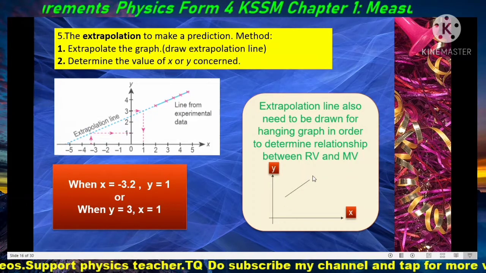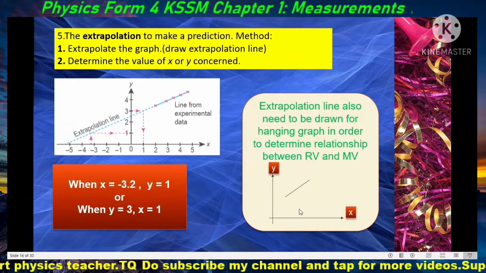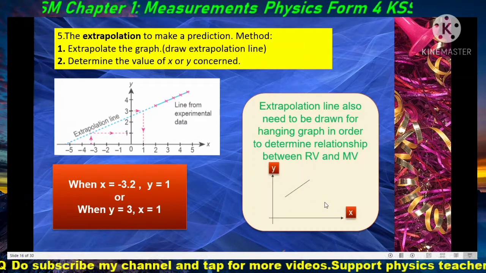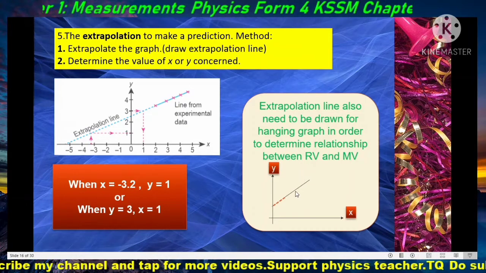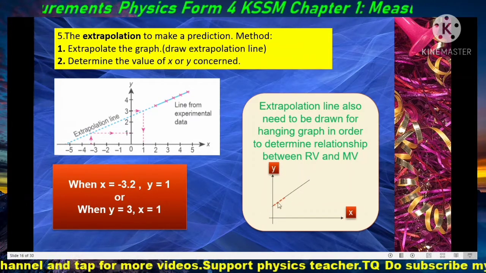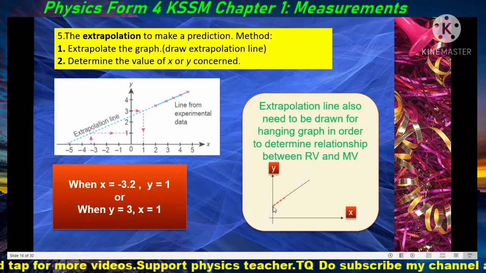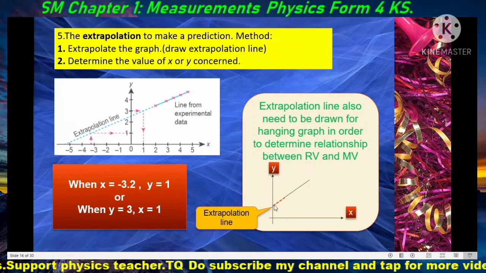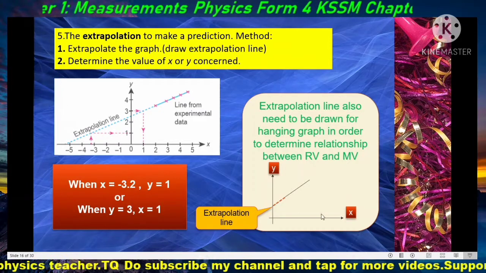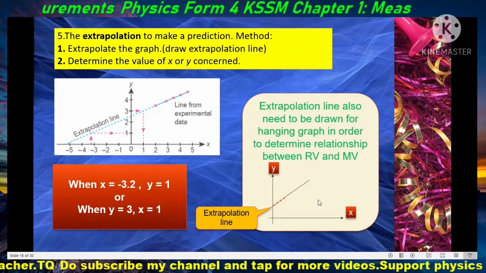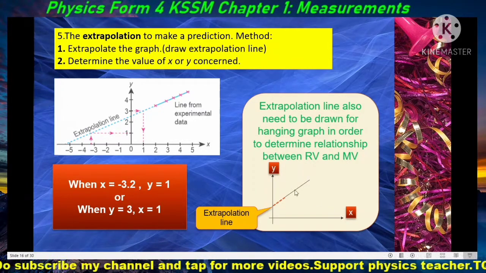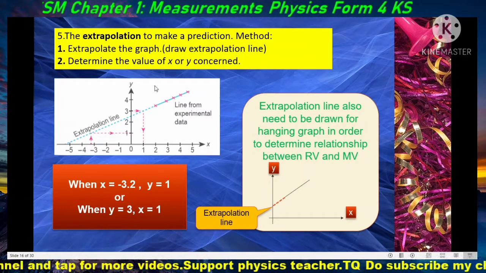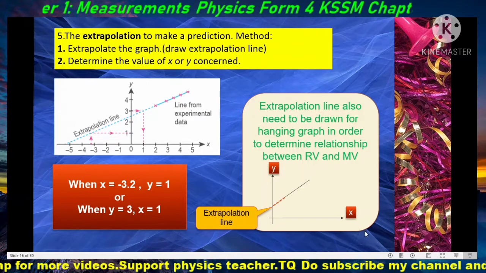For a hanging graph, we cannot determine the relationship between y and x. So the first step that you need to do is extend the line or draw an extrapolation line until here. So this one we call the extrapolation line. Then only can we state the relationship as y increases linearly with x. So that's the use of extrapolation.